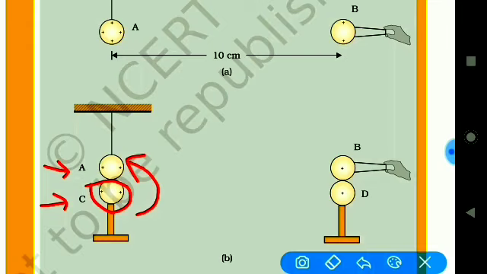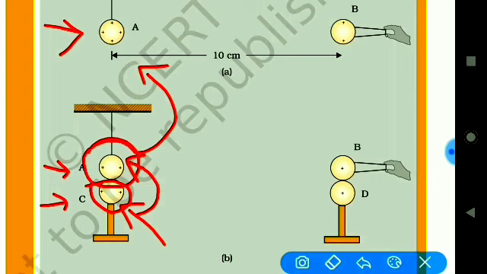The total charge will become half of the earlier. Initially, the charge here is Q1. Now, if this sphere C is made in contact with A and then it is removed, then the charge on A will be half of the earlier.